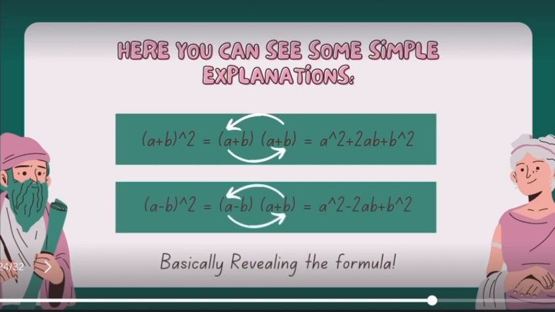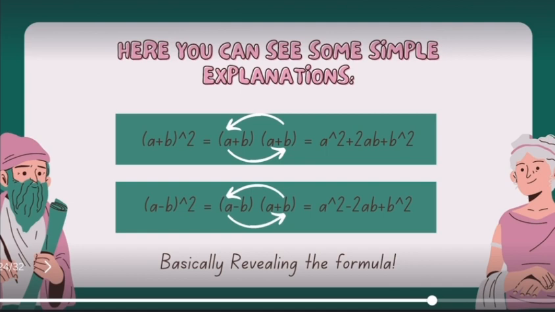Okay, so first let's go through some explanations in order to fully understand the topic. Here you can see the rules. So (A plus B) squared is equal to, so we just open this and we get (A plus B) times (A plus B). This is equal to A squared plus 2AB plus B squared.